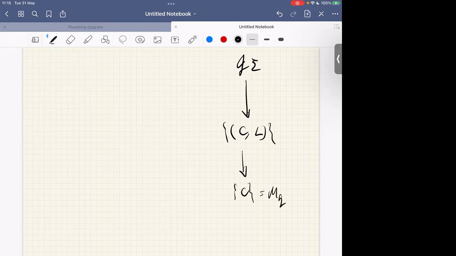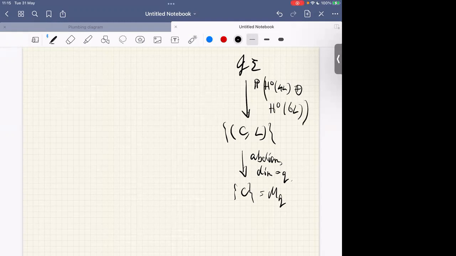So this fiber is abelian of dimension equal to g, and this fiber here is P of H0 of 4L direct sum 6L.